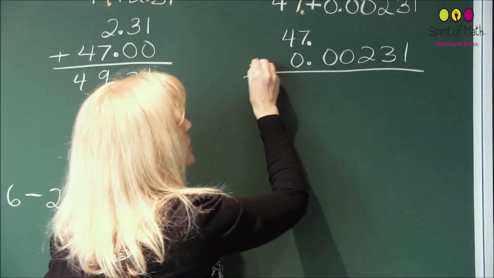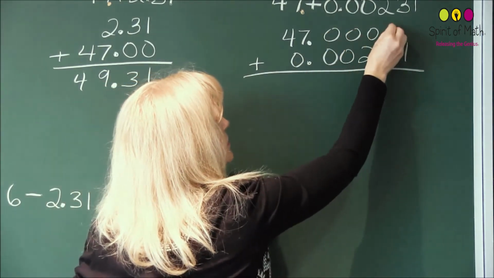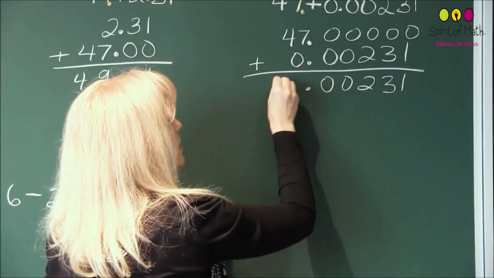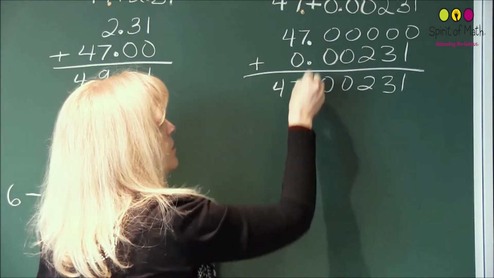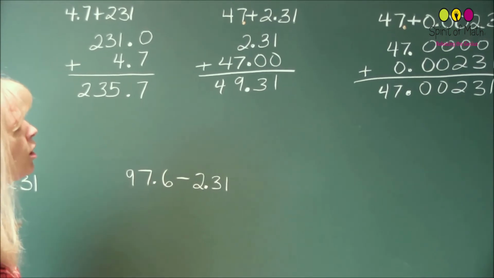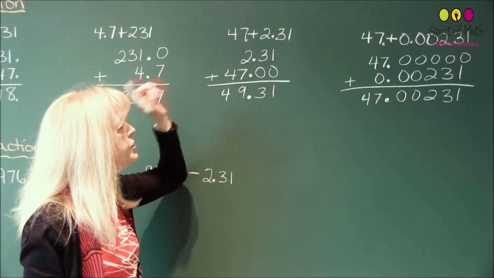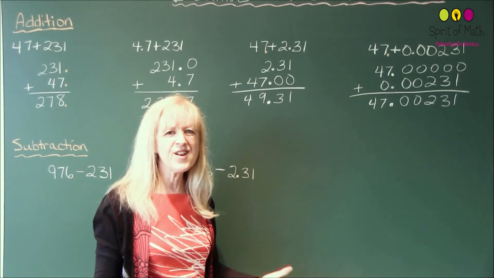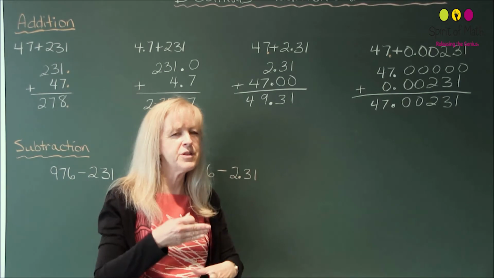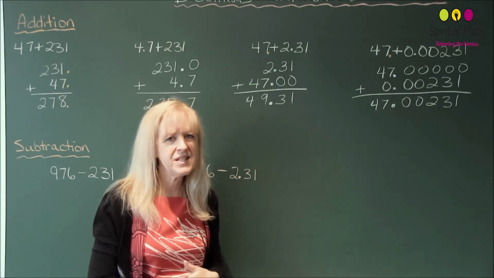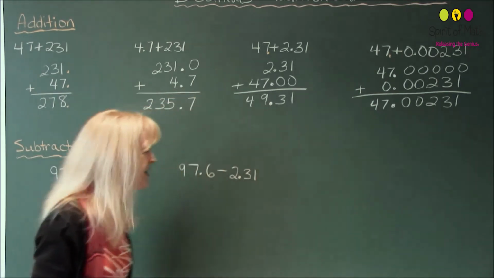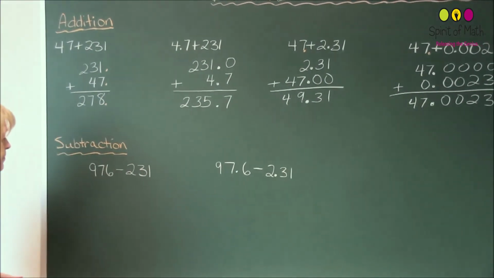Of course, you need to add those place value zeros, and you add them up, and the decimal goes underneath, and it adds up nicely, right? You don't always have to place one underneath the other. If you can do this in your head, that's also fine, as long as you remember to add the ones digit with the ones digit, the tens with the tens, and the hundredths with the hundredths if you have decimals.